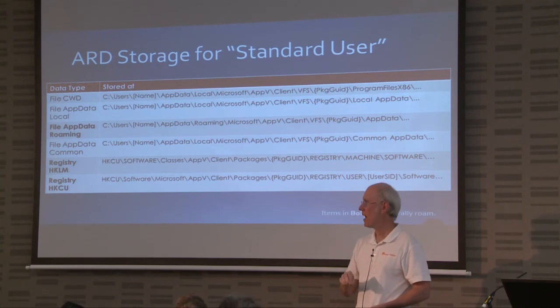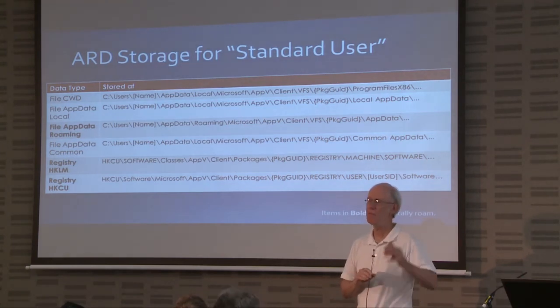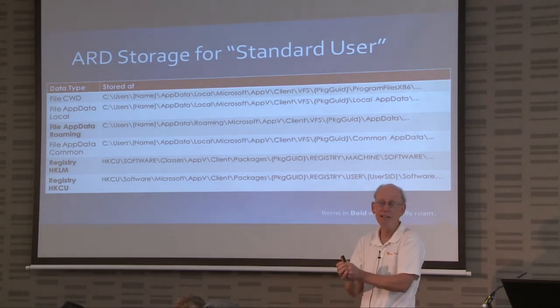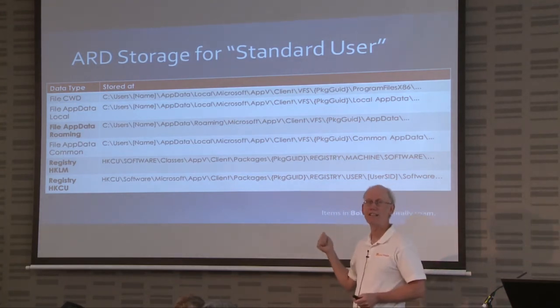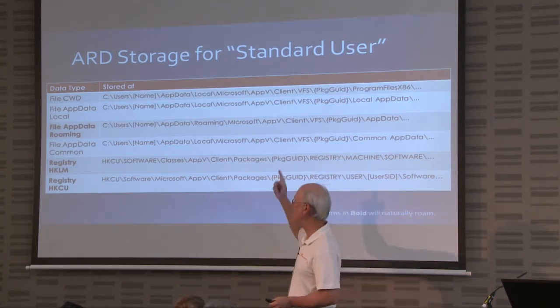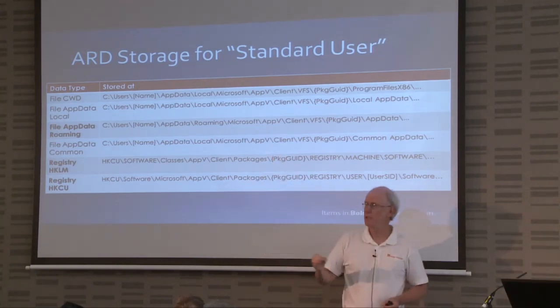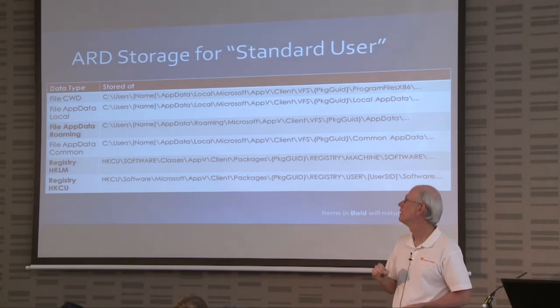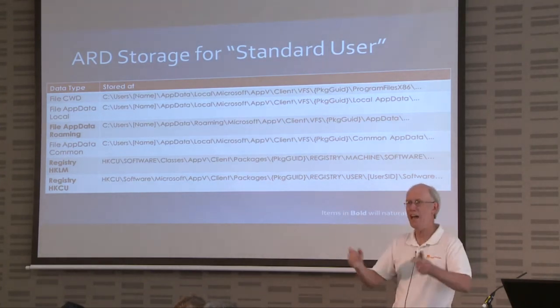This fixed problems for us in roaming environments in the past because App-V just kind of grabbed all that stuff and brought it along, so we didn't have to worry about it. Now we have to think about this in App-V 5. If this is a problem for you, I did release a free tool called App Remediation.